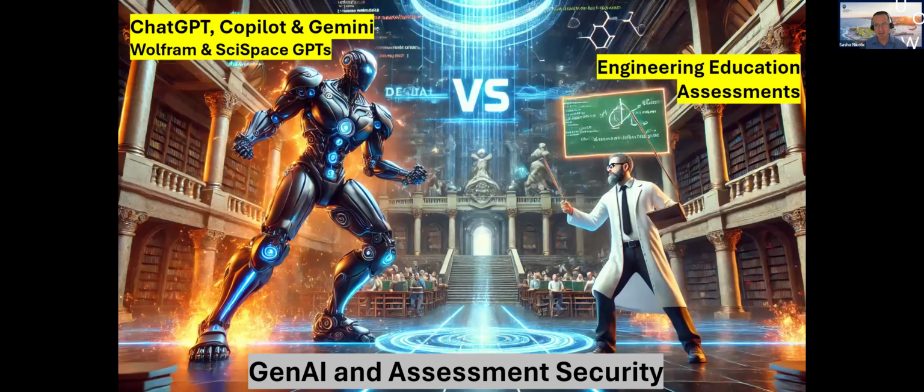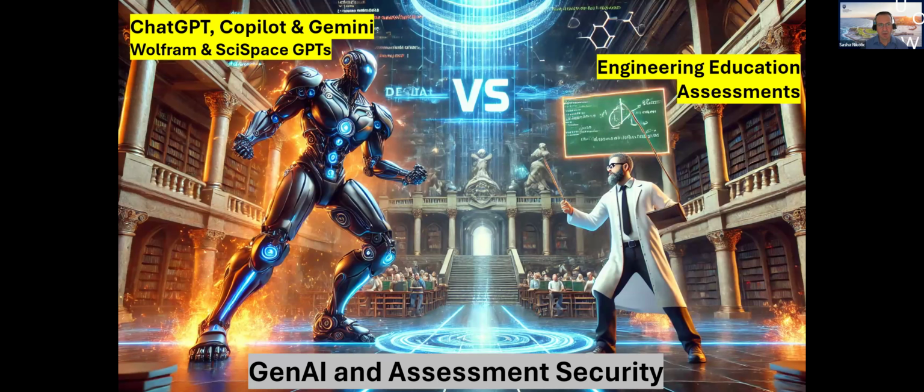All right, that leads us to our first presentation, and that is the battle between generative AI and assessment security, which is something on the minds of most academics in higher education. We're doing this looking at 3 most popular platforms, which is ChatGPT, Microsoft's Copilot, and Google Gemini.